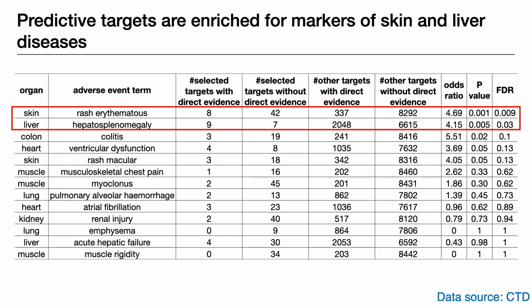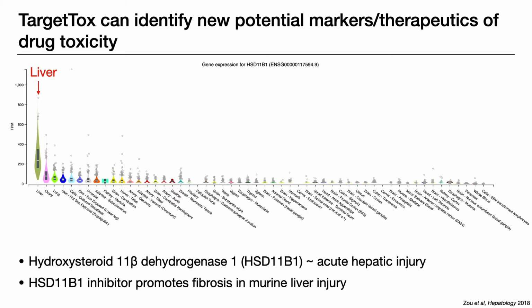We also validated our predicted targets against known disease markers. As you can see, 2 adverse events in skin and liver are significantly enriched for the disease markers of the matched categories. And there are 4 additional adverse events that have odds ratios greater than 2. In addition to recapturing known disease markers, TargetTox can also identify new potential markers of toxicity.